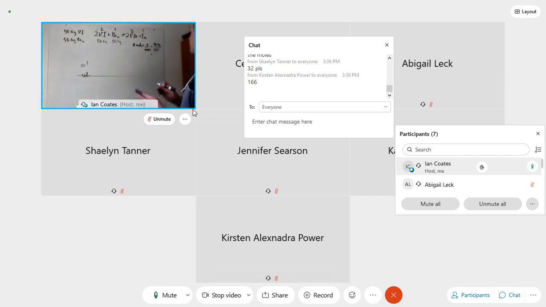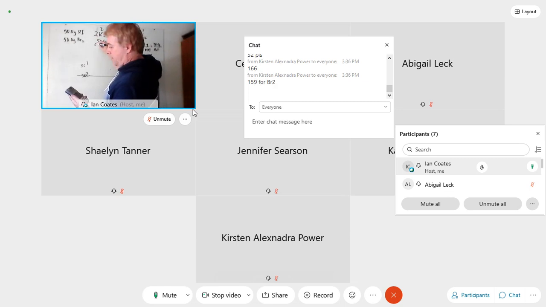So 50 divided by 167. So this one right here is 0.30 moles.